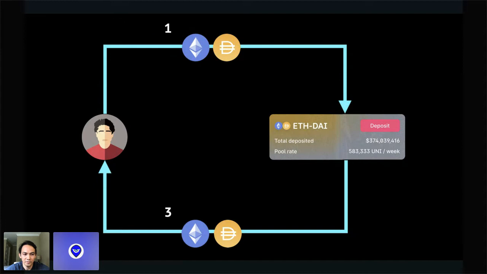He could also have incurred some gains and losses, and he also gets a share of the trading fees accumulated while he was a liquidity provider. That's the basic description of how an automated market maker works.